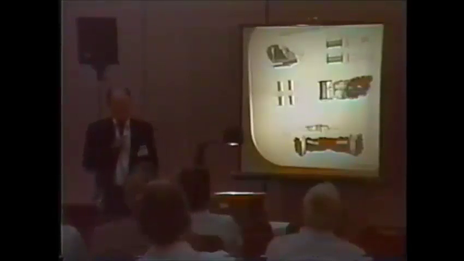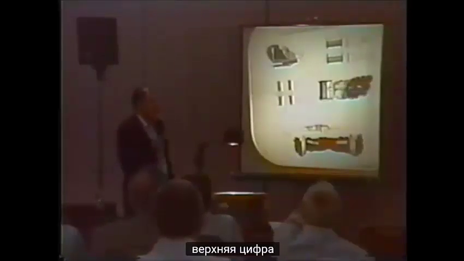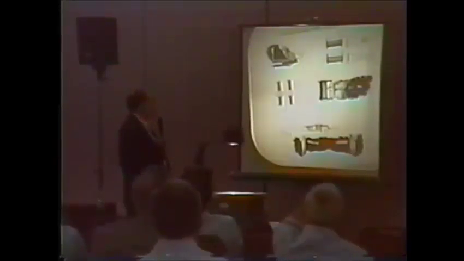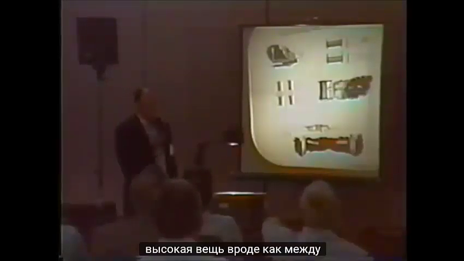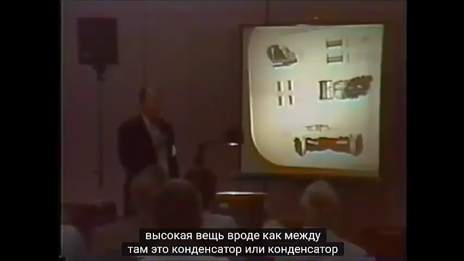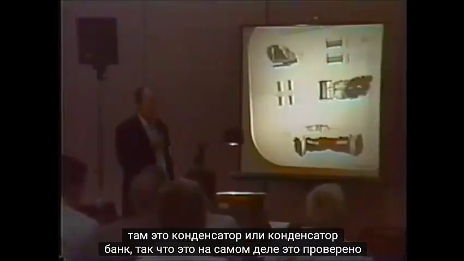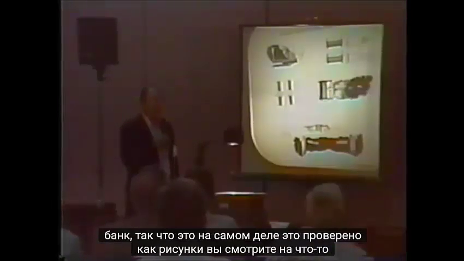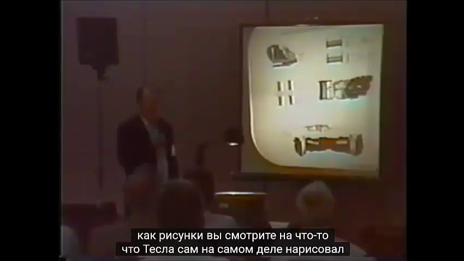What's he doing on figure 2 up there at the top? Between the left coil and the right coil, there's something in between there. What's that? The tall thing that's kind of in between there, that's a capacitor or a capacitor bank. These are actually Tesla's drawings. You're looking at something that Tesla himself actually drew.